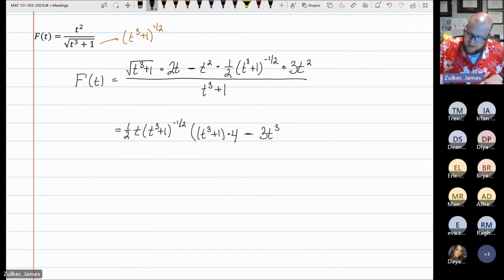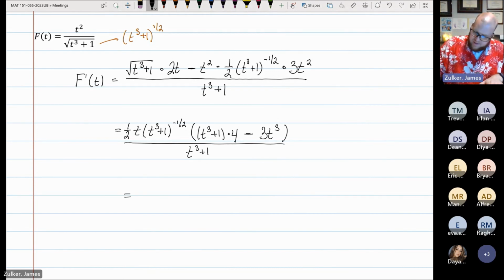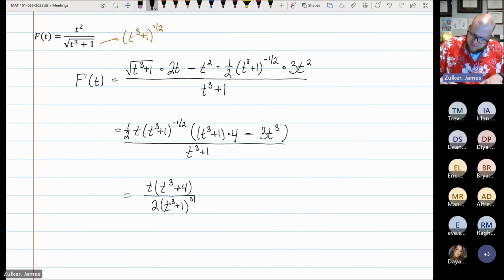And that leaves us with 1. t cubed plus 4, right? 4t cubed minus 3t cubed, right? And then plus 4 over 2 t cubed plus 1 to the 3 halves.